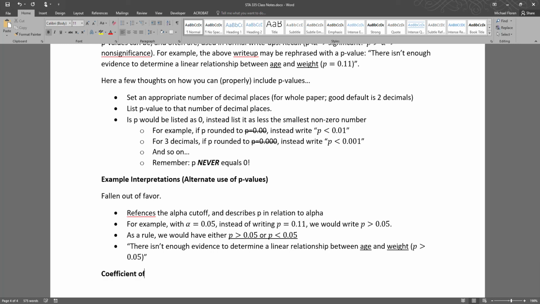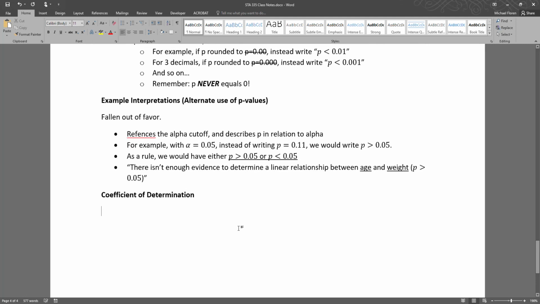One final and somewhat random topic is on the coefficient of determination. Final topic for today's video anyway. In bivariate correlation, this just means between two variables, so what we've been talking about thus far.